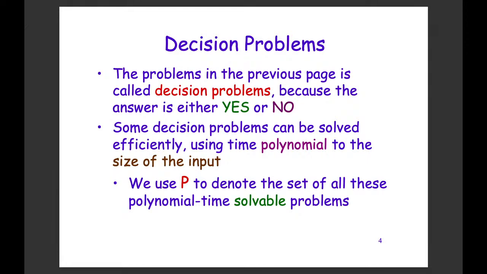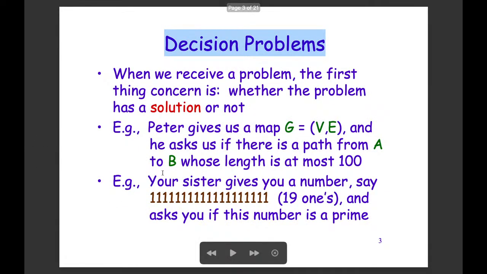so some of these decision problems can be solved efficiently using polynomial time in the size of the input. If this is the case, then we say that the problem is a P problem. So P means that it is a polynomial time solvable problem. So in the first example, Peter gives a map and asks us whether there is a path between A and B of length at most 100.